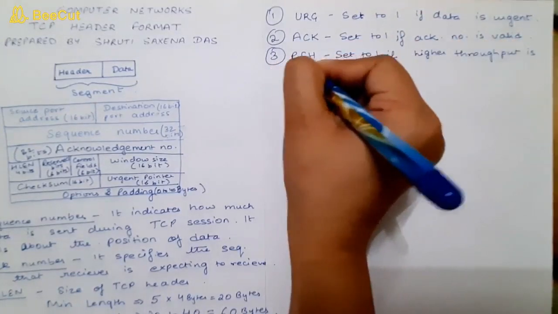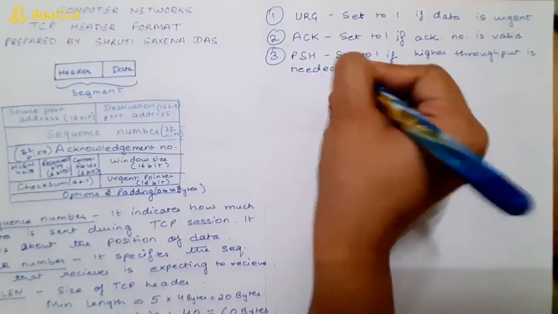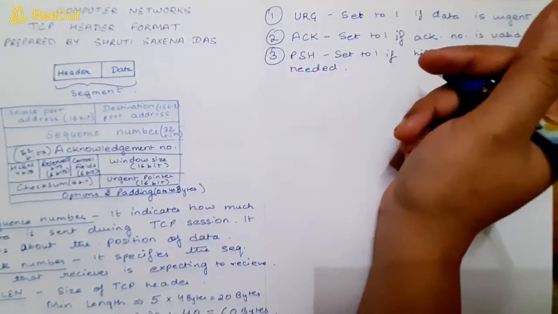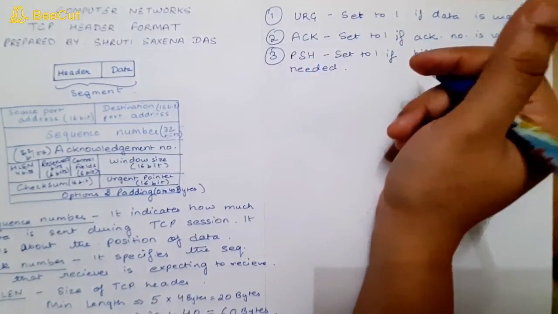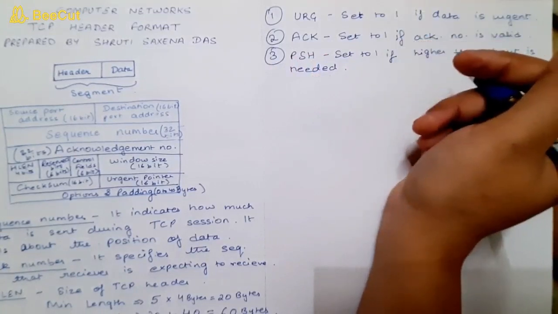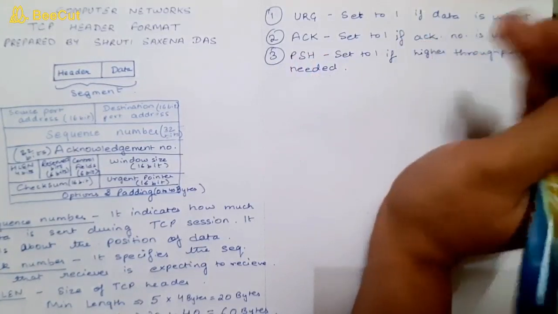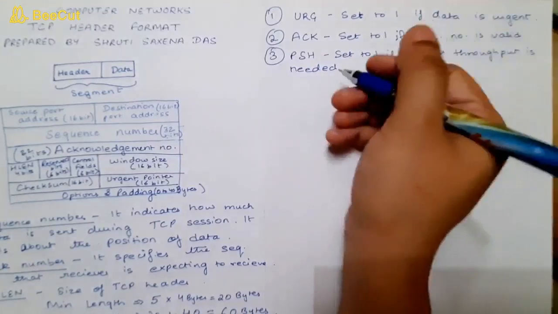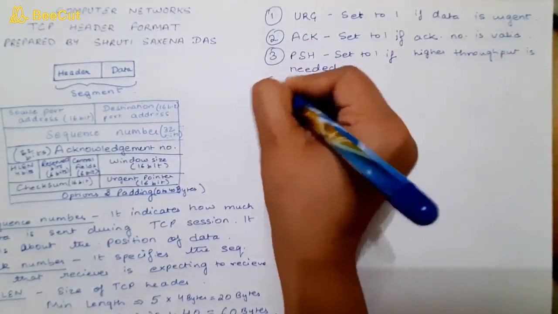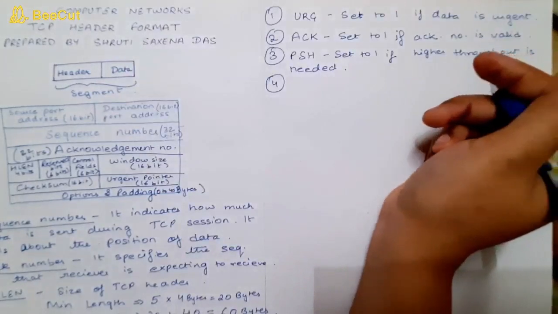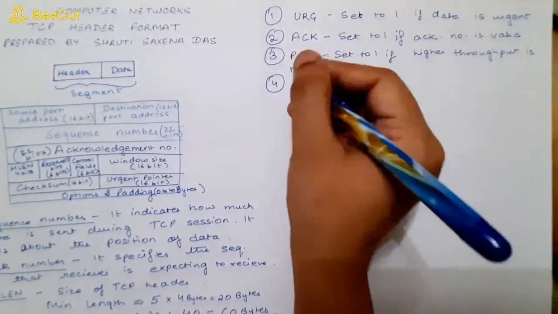Higher throughput is needed means that data should be transmitted immediately. There should be no wait for filling the entire buffer. Simply data should be sent, so you have to push the segments.